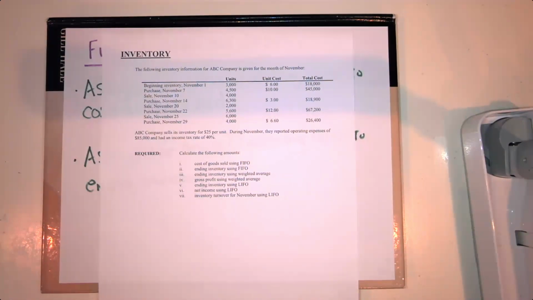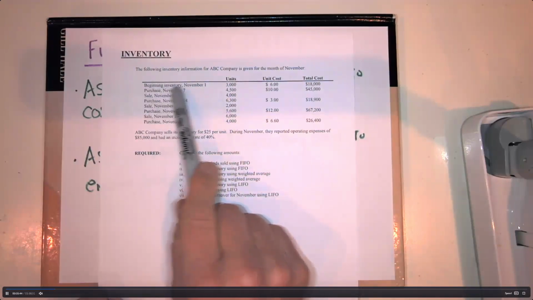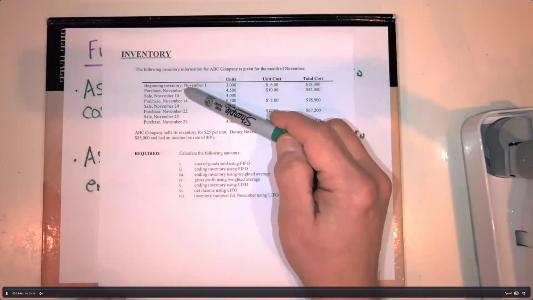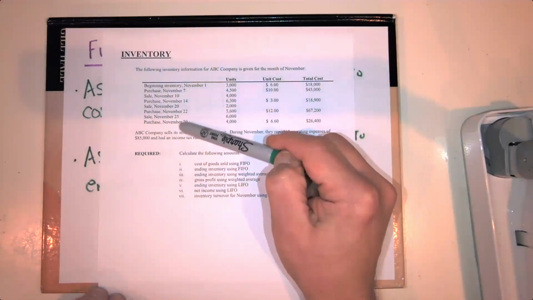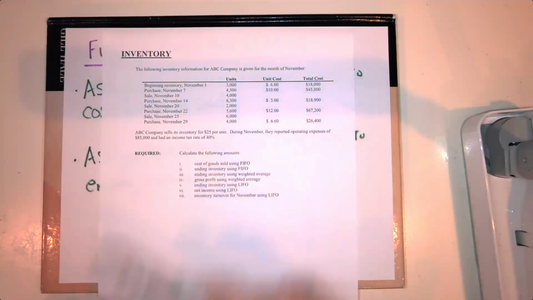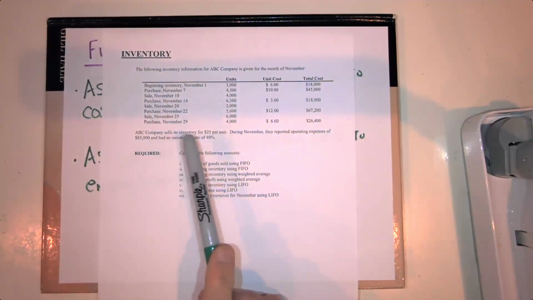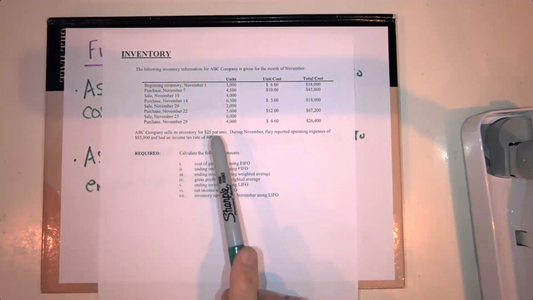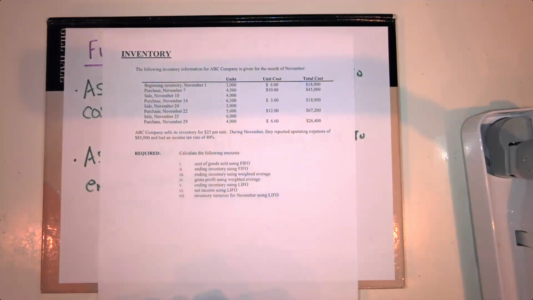It says that the following inventory information for ABC Company is given for the month of November. And you can see what we started with, and then all of the inventory that was purchased and sold during the month. It then tells us that ABC Company sells its inventory for $25 a unit.